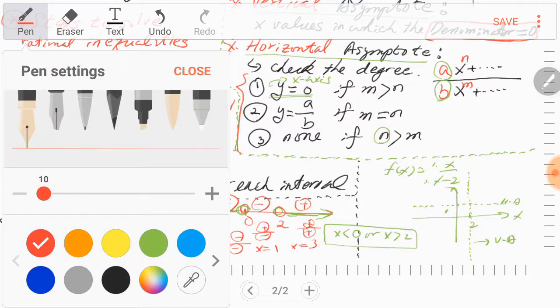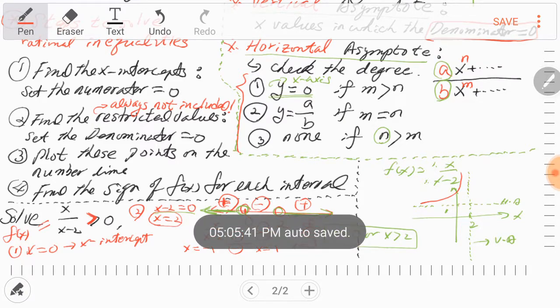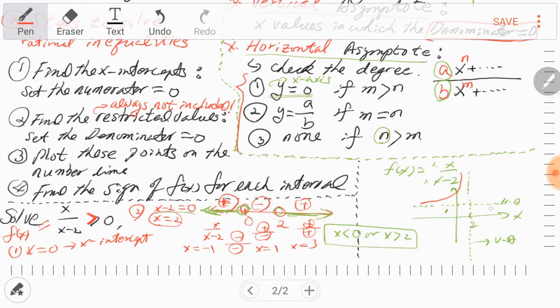And this graph approaches the horizontal asymptote and the vertical asymptote. And if x is greater than 2, then the y value is always positive, right?